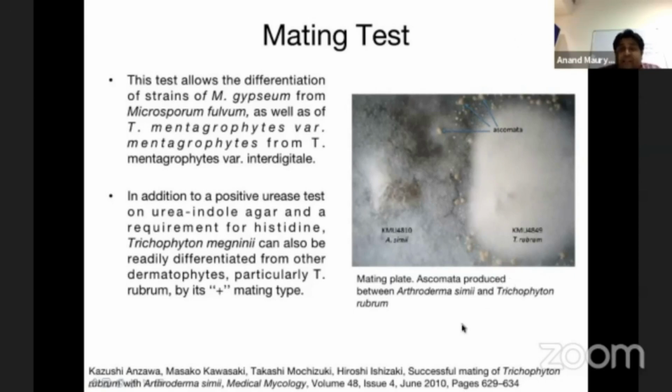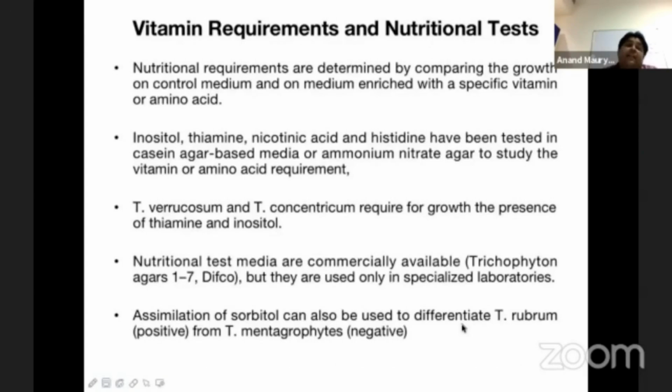Some other vitamins and supplements are also very helpful. Nutritional requirements are determined by comparing the growth on control media. Some of the vitamins and some of the amino acids are very helpful.